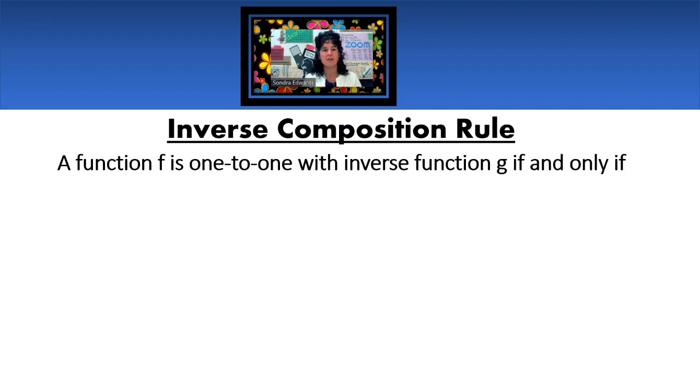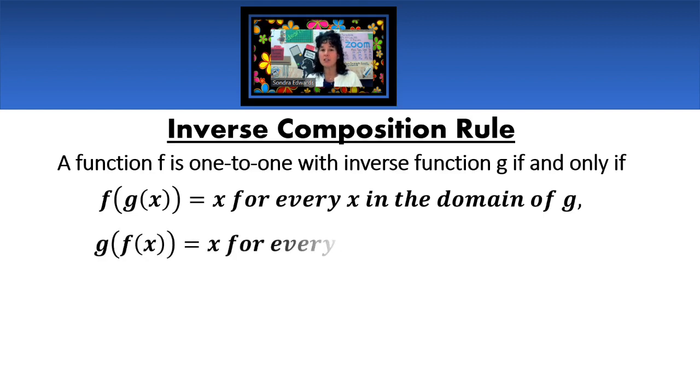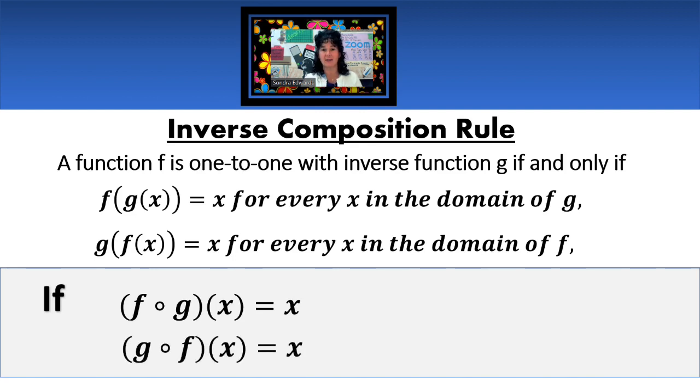A function f is one-to-one with inverse function g if and only if f composition g of x equals x for every x in the domain of g, and g composition f of x equals x for every x in the domain of f.